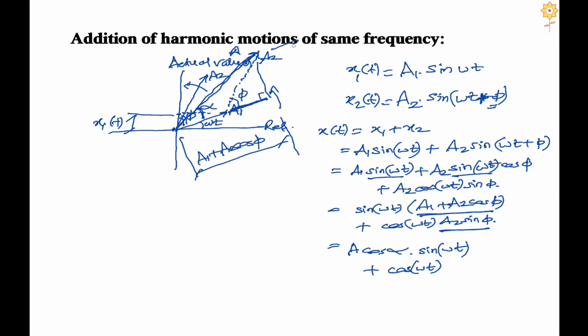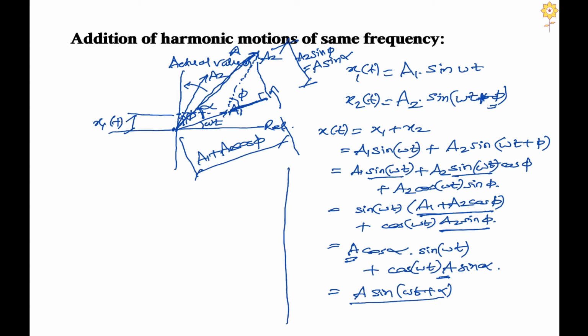A2 sine of phi is this thing, which also is equal to A times sine of alpha. Now separate out the A, that is common, and you are having sin omega t cos alpha and cos omega t sin alpha. So it is A multiplied by the addition of these two products, which is sin of omega t plus alpha.